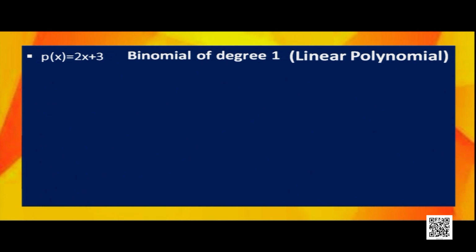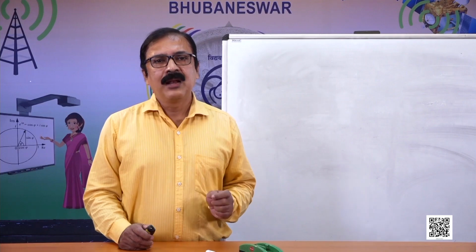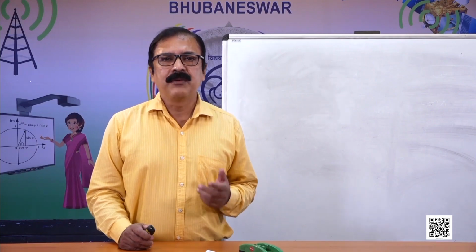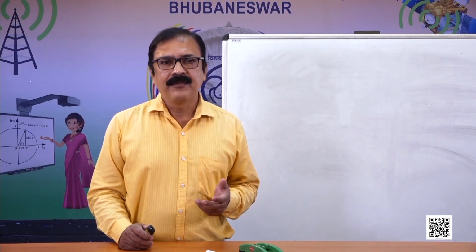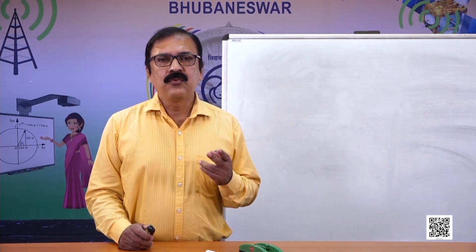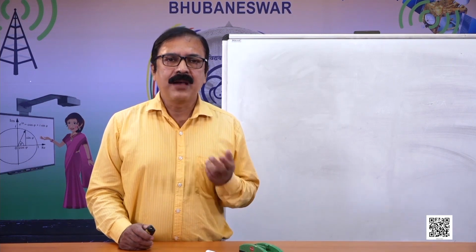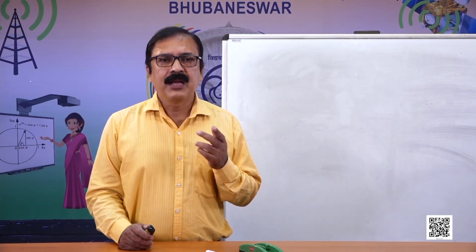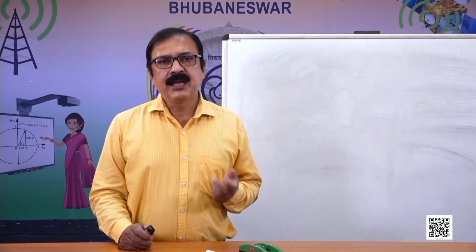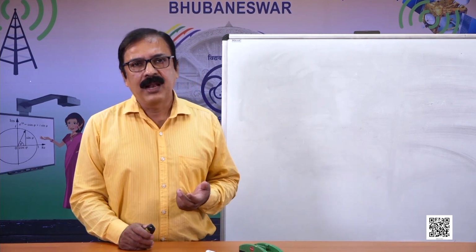Now see, if the degree of a polynomial is 1, what is the maximum number of terms it can have? It can have 2 terms. It can also have one term, say 3x. 3x is a linear polynomial.